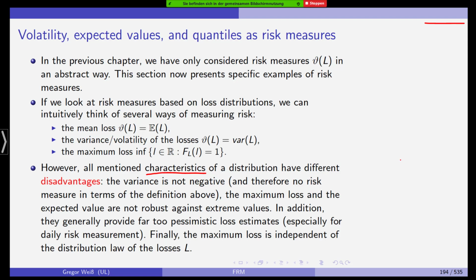In credit risk, you do work with the expected loss, but what you do is, and we'll come back later to this, in credit risk management, you often do the following. You have a loan, you have a claim against someone, and you say, well, okay, I have to ask for a certain interest rate, let's say 5%.